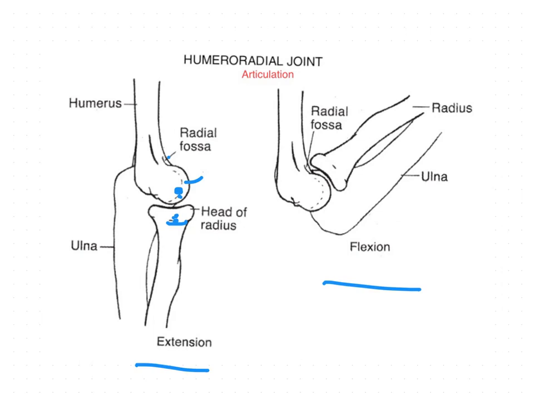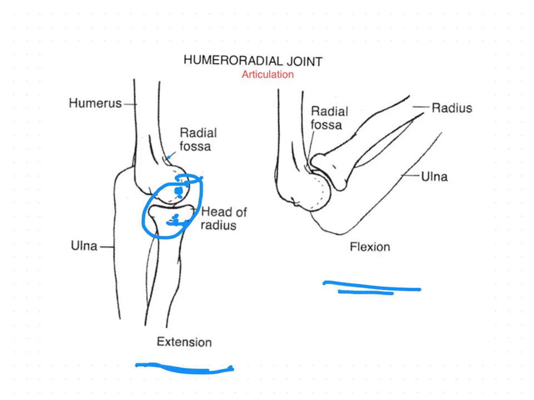In full extension, no contact occurs between the articulating surfaces. If you can see here, there is no contact between the capitulum and the head of the radius in extension.